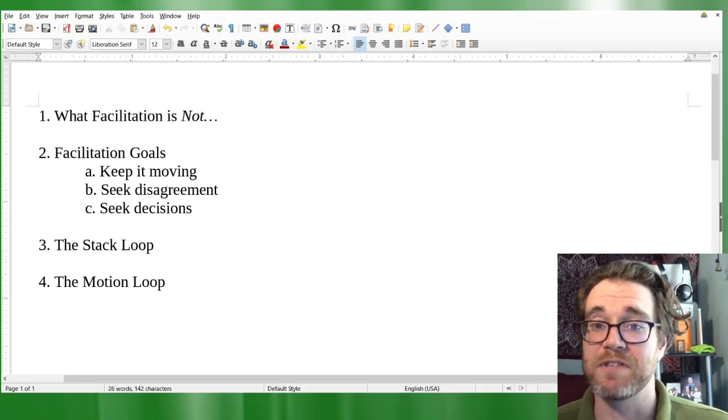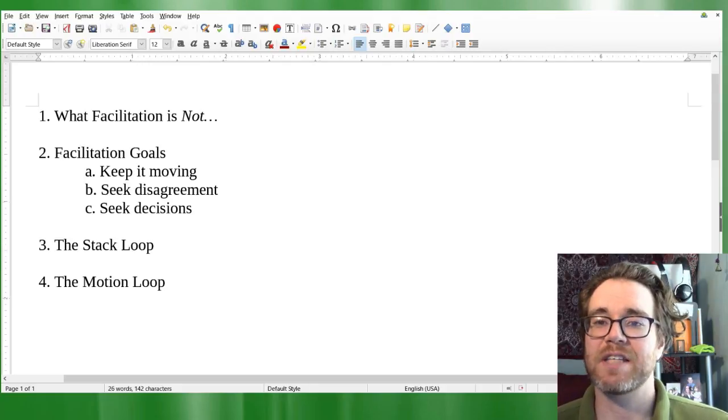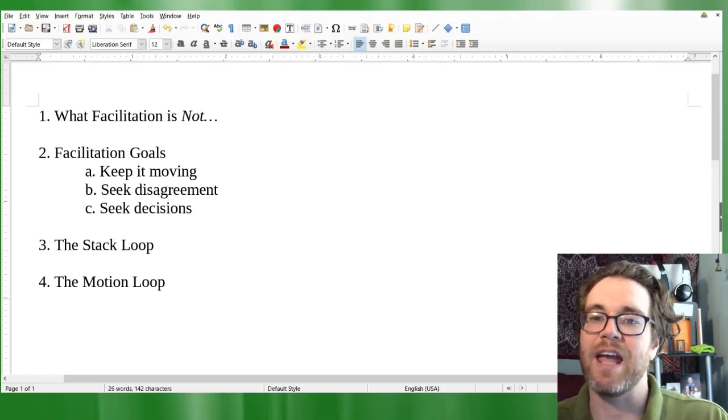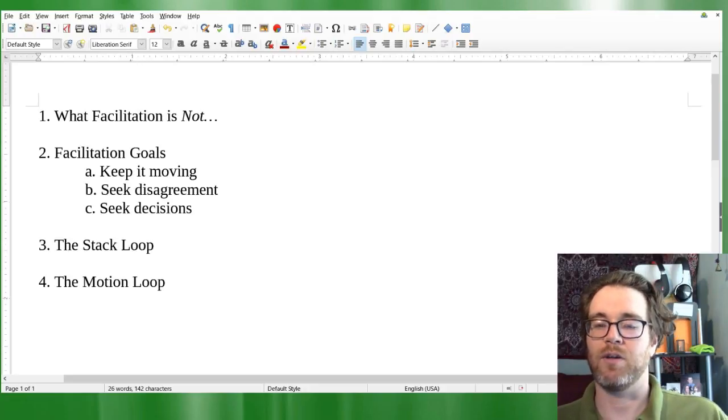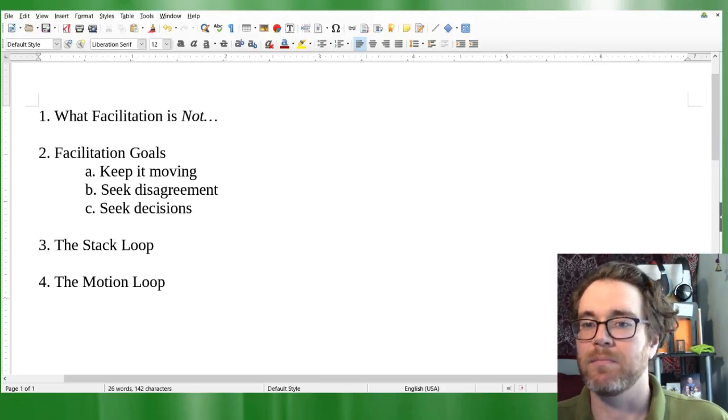So that's progressive stack. And you want to think of it as like a loop that you're going through. And this gets into the meeting having a sense of motion, right? And it's almost like a call and response sort of game. So, you open the stack, you say, all right, is there anyone for the stack?